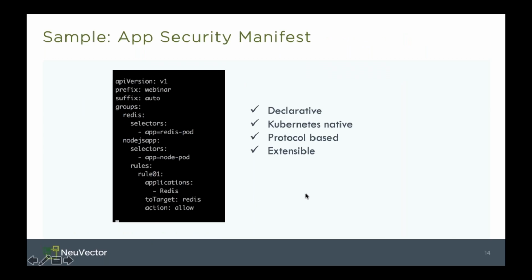As a very simple example, the application security manifest is declarative, so it's in the format of a Kubernetes-native resource. It's protocol-based, so we can say that the application's allowed to connect between the Redis and the Node.js pod. And it's extensible, so you can extend it and then update your manifest.